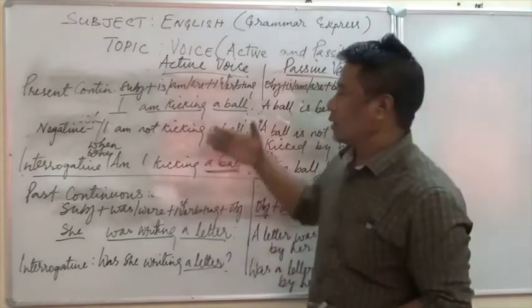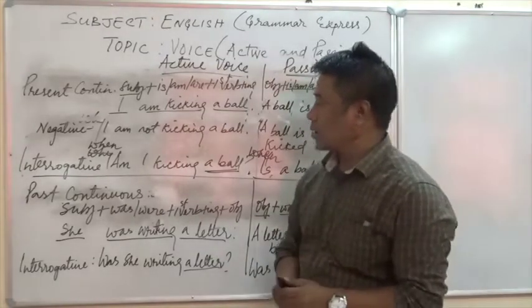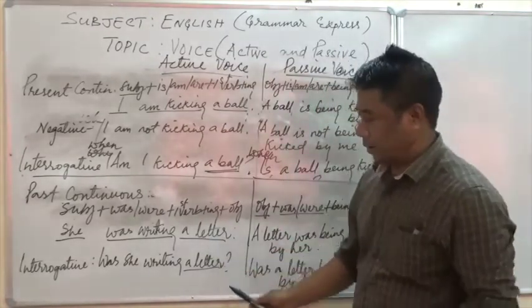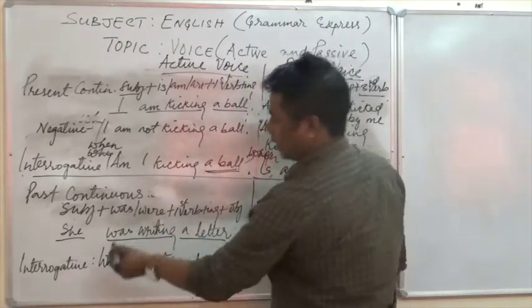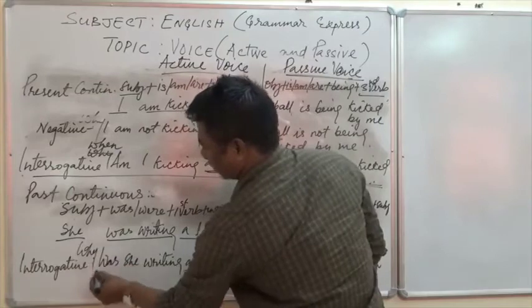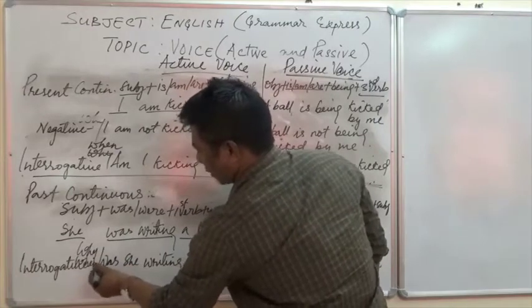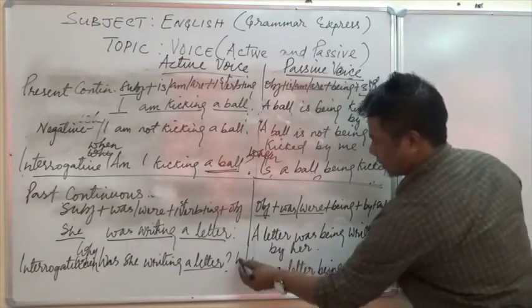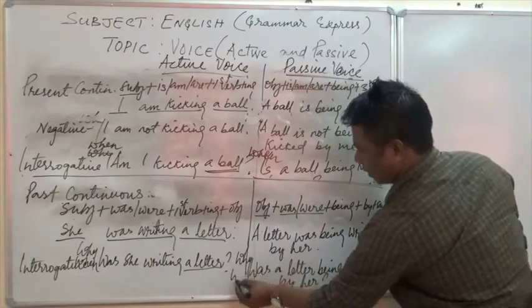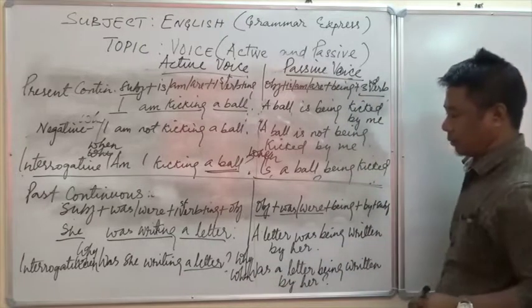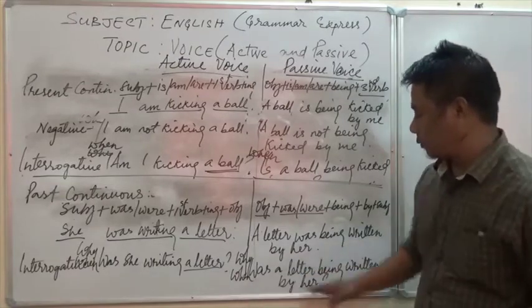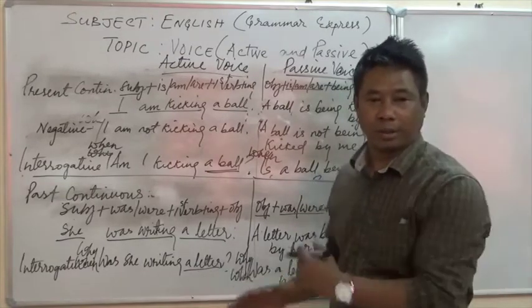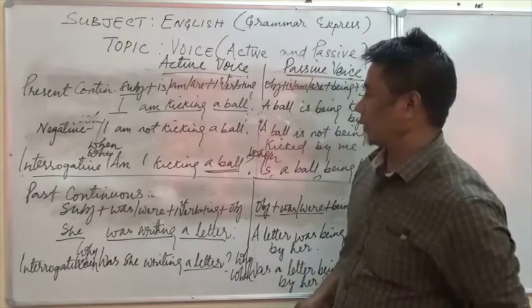For the past continuous tense we can also make why and when questions. Why was a letter being written by her? When was a letter being written by her?